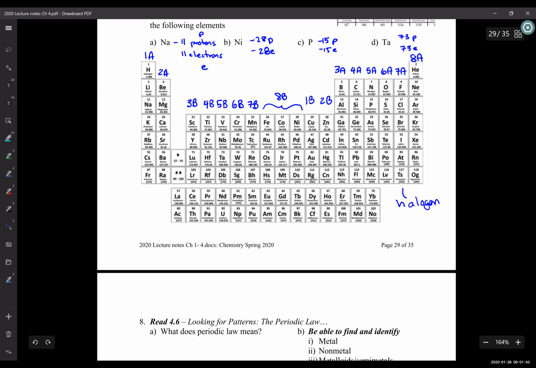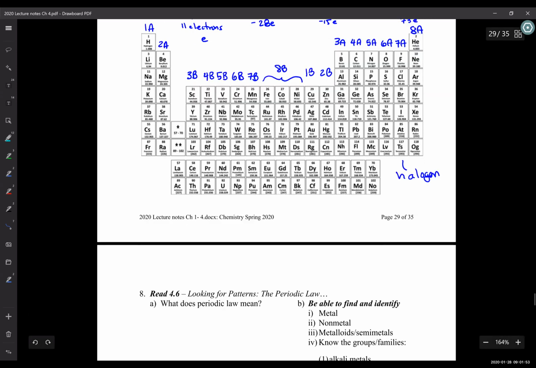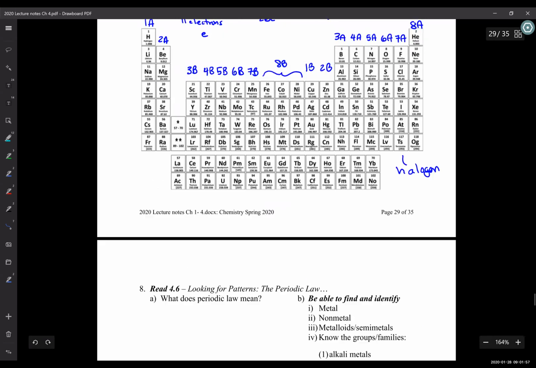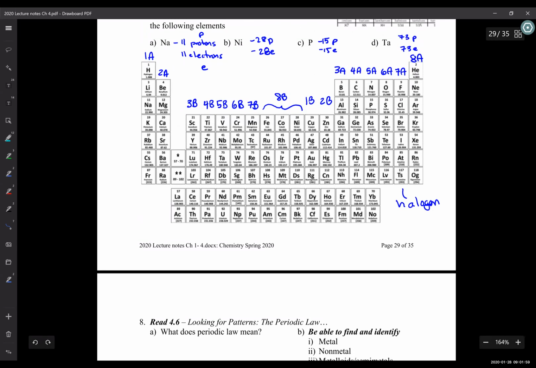And then the noble gases are these ones here, 8A. Actually, I don't want to put that on there. I want to leave it clean. So the noble gases, that's group number 3. I'm kind of going backwards from what I planned to do.